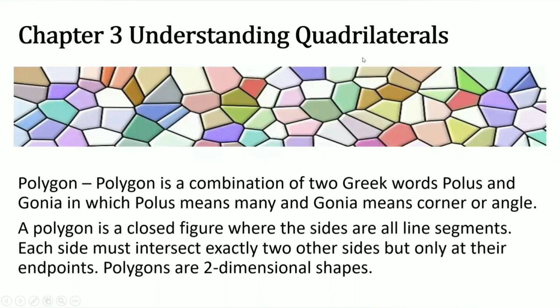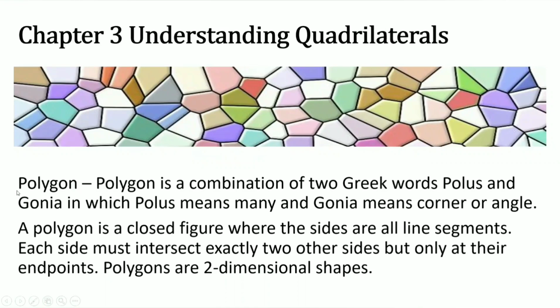Chapter 3, Understanding Quadrilaterals. Before we start with quadrilaterals, we will learn about polygons. Polygon is a combination of two Greek words, polus and gonia, in which polus means many and gonia means corner or angle.